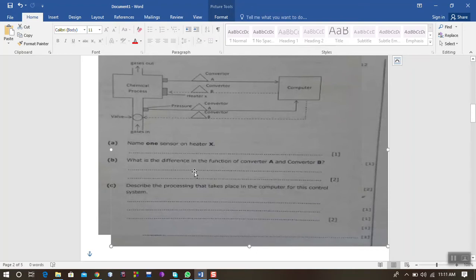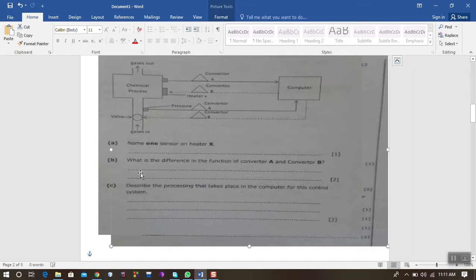So what is the difference in the function? The difference is that converter A converts analog to digital, and converter B converts digital to analog. I hope you can remember from my initial illustrations where I talked about the analog to digital converter, then the digital to analog converter. So basically that is the same thing taking place there.